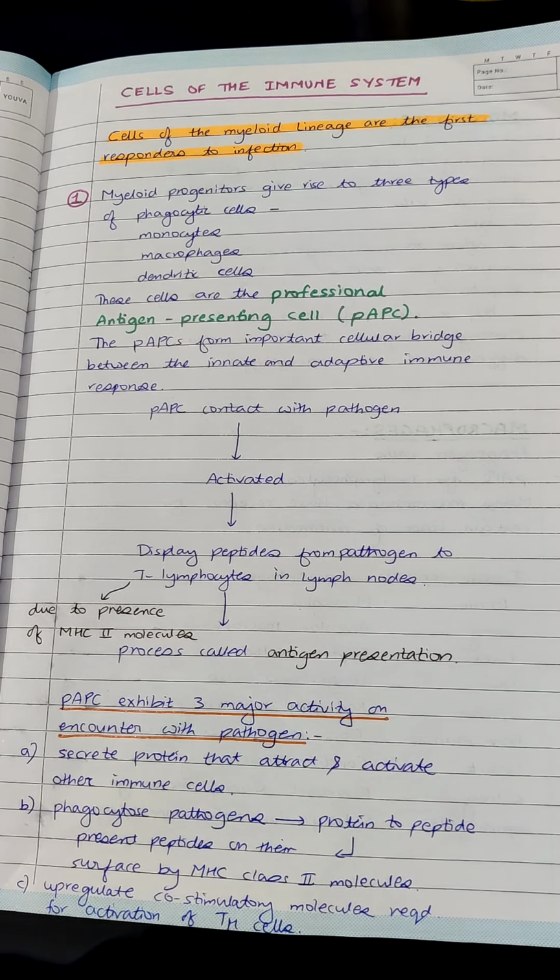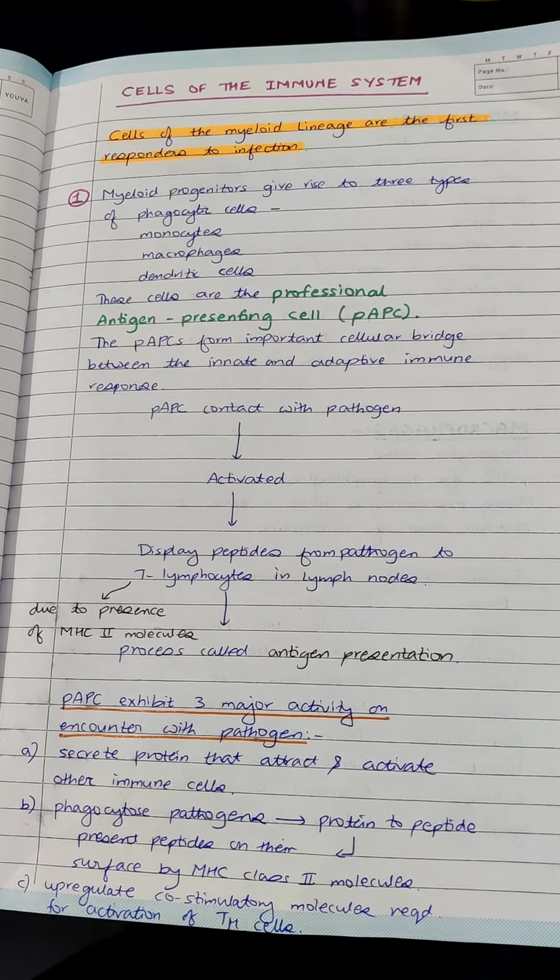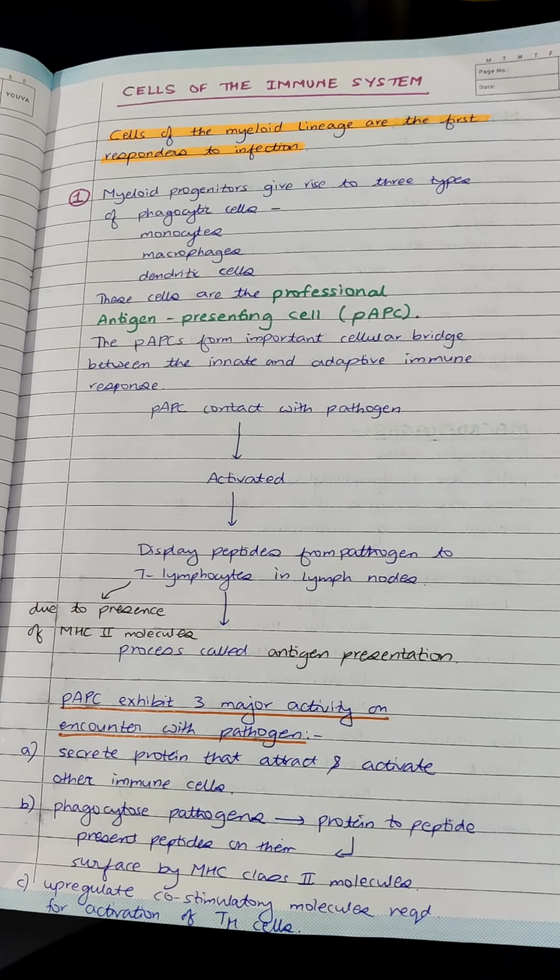An important point to note here is that they are able to present the peptides to the T lymphocytes due to the presence of MHC class II molecules over their surface. All cells have the capacity to present peptides from their internal proteins using class I MHC molecules, but only PAPC have the ability to present peptides of any external source using the MHC class II molecules.